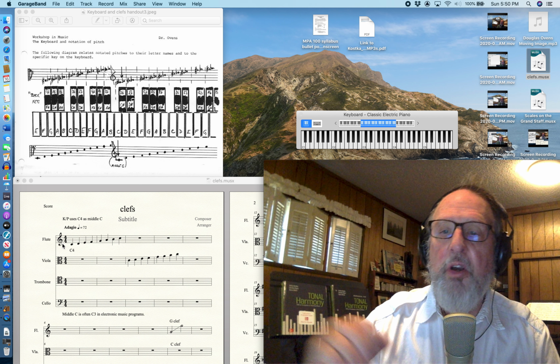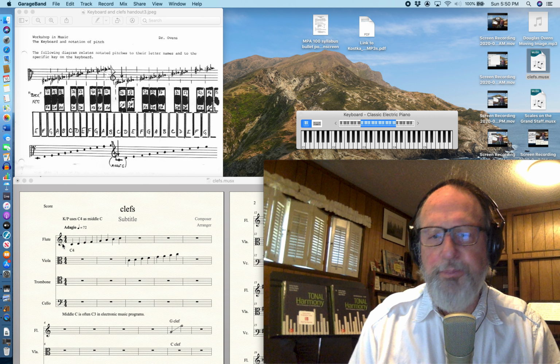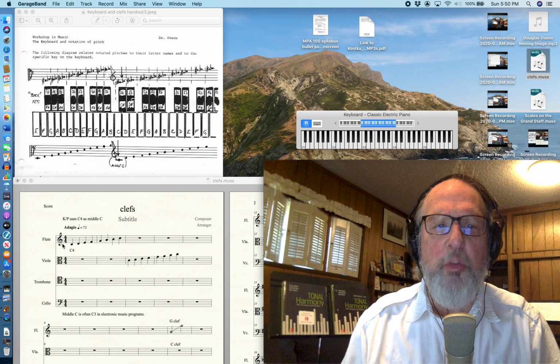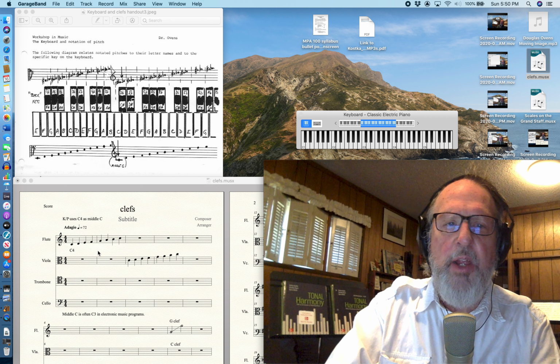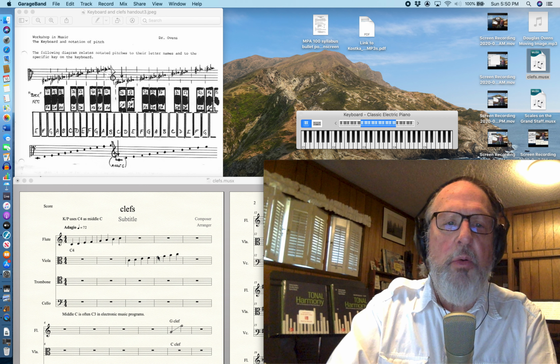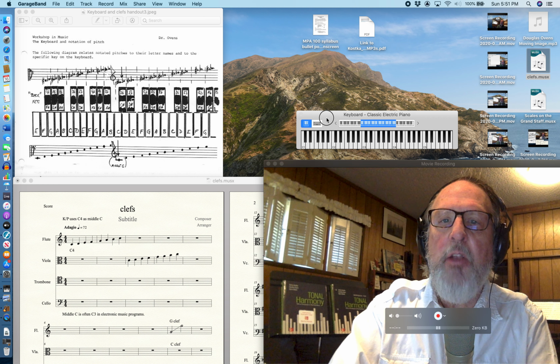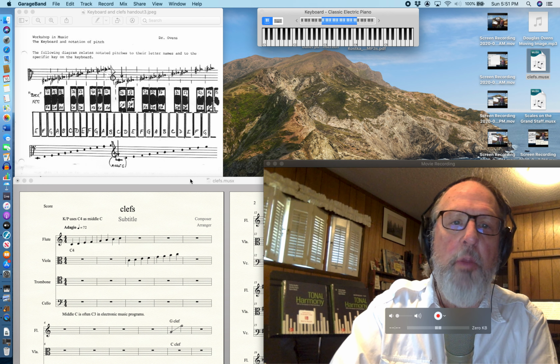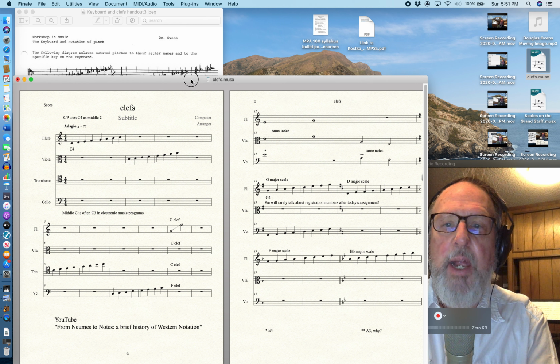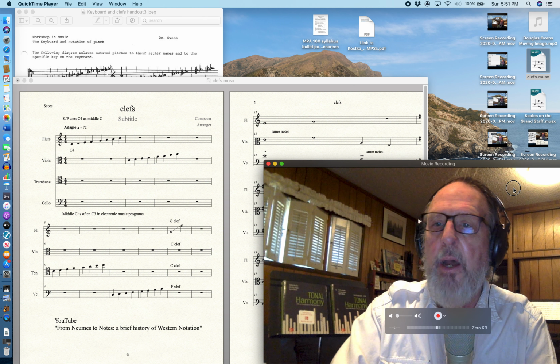You'll notice very early on in your textbook, and I'm not nuts about this order of presentation, they also gave you 4 clef signs right at the very beginning. Today we're going to really focus on 2 of them, the bass clef and the treble clef. But the other 2 clefs I just want to point out right now.